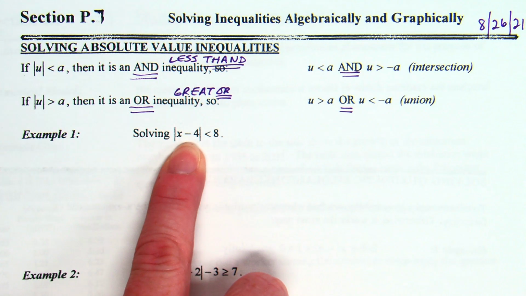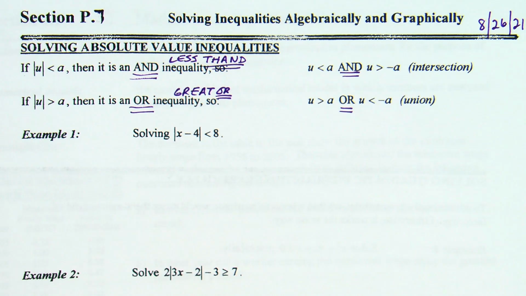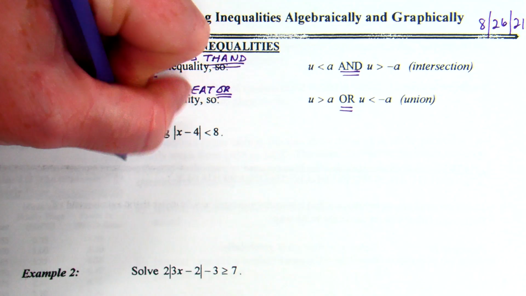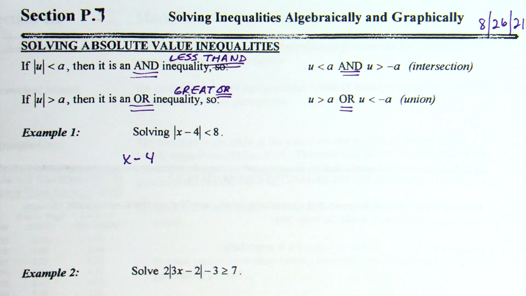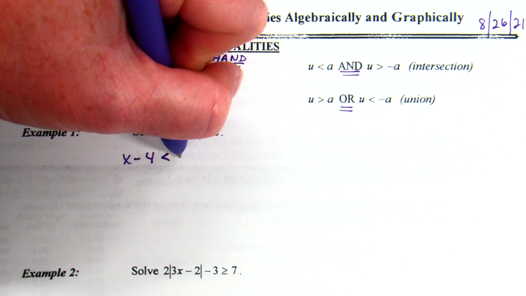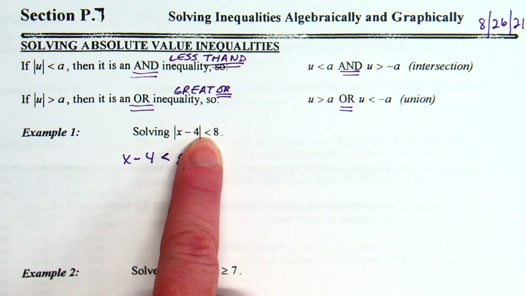It's just the absolute value of x minus 4 on the left, so we're good. I'm ready to set up two. What's the first one? x minus 4 is less than 8.